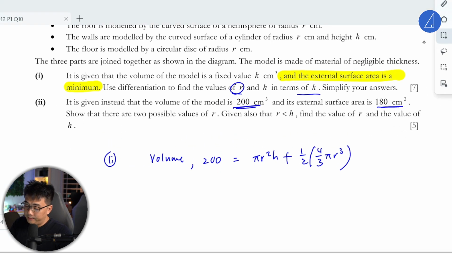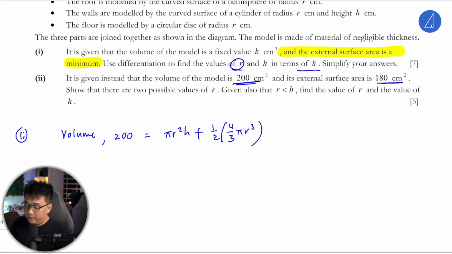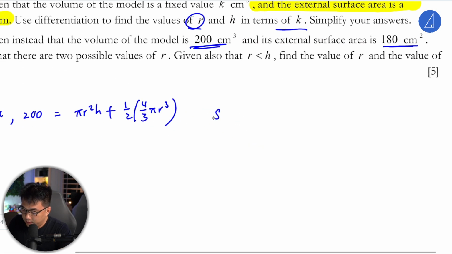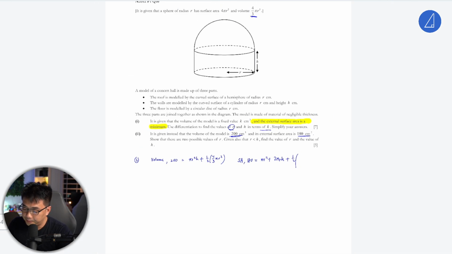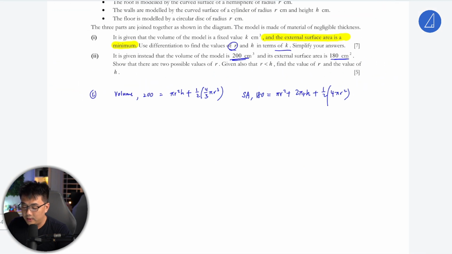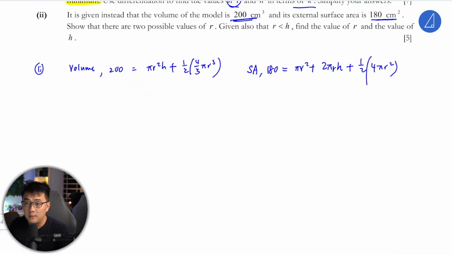The surface area, total surface area, which we found just now, surface area 180 centimeters square would be actually pi r square plus 2 pi r h plus half of 4 pi r square. That would be the surface area of the hemisphere. Okay, so now we just need to solve this simultaneously because we have two unknowns here.